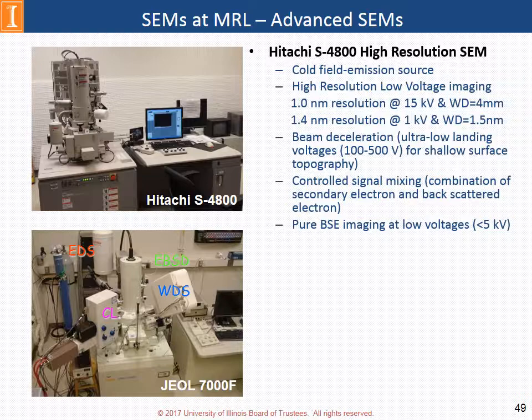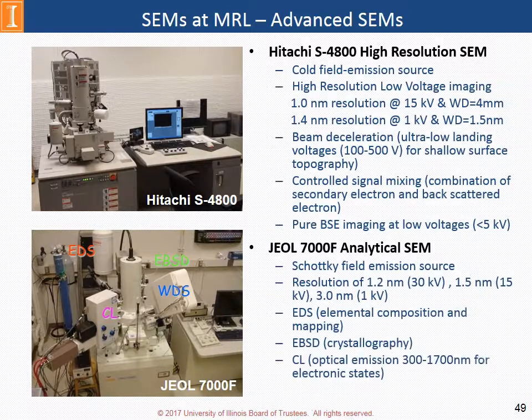It has a beam deceleration mode for shallow surface topography. It has controlled signal mixing, a combination of secondary electron and backscattered electron. It can obtain pure BSE imaging at low voltages, which means compositional contrast imaging with better spatial resolution.